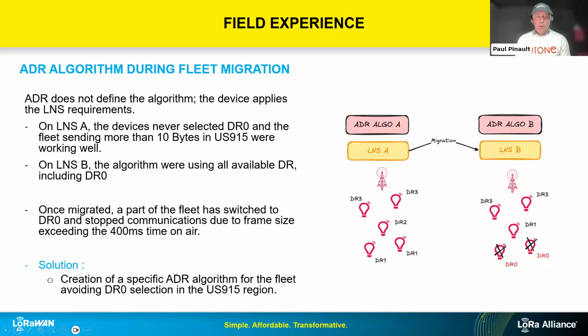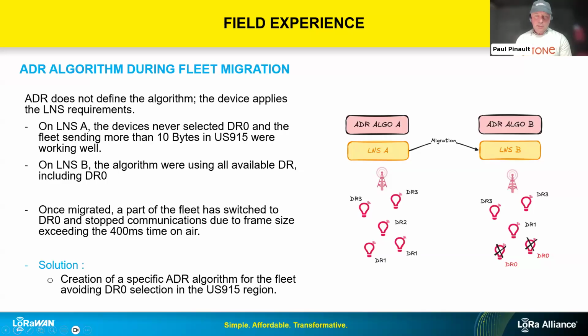So here is another example to explain how the difference of algorithm between LNSs can have an impact. It's also a real case from the field. We had a fleet of devices running on one LNS, and inside the same network, we migrated to a different LNS, and the ADR algorithm implementation is not the same. So basically, the fleet in the initial solution was never switching to DR0, and was switching between DR1 and DR3.